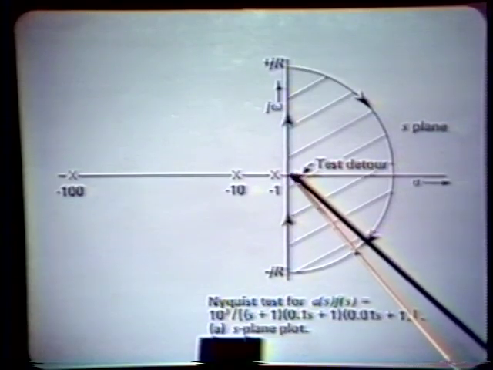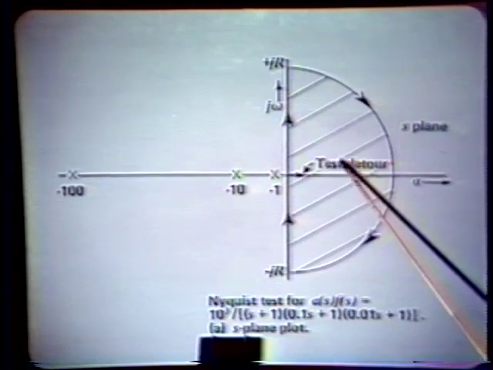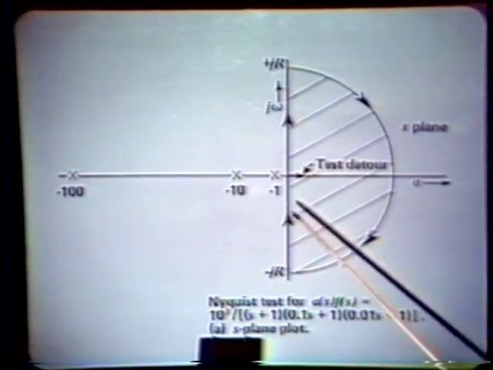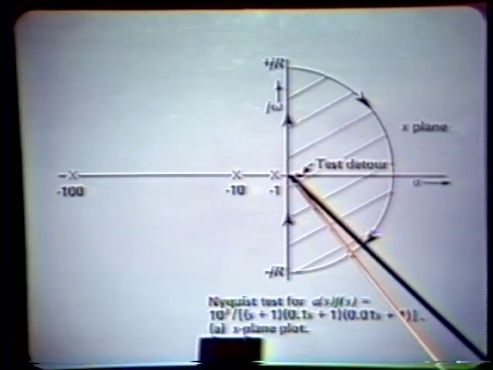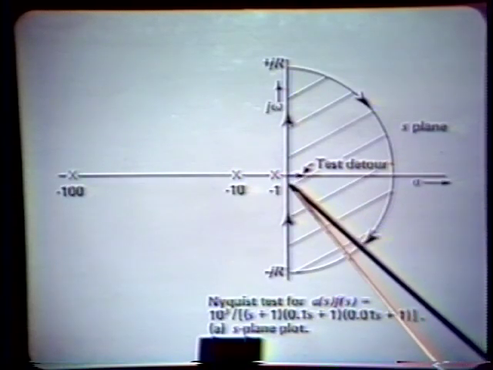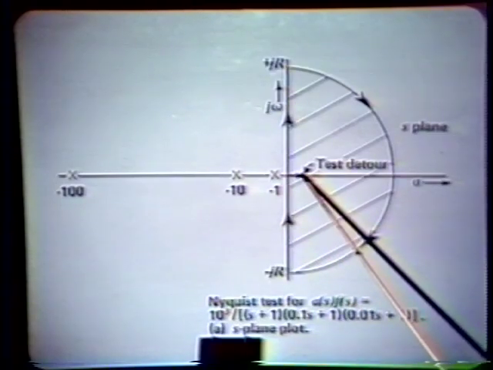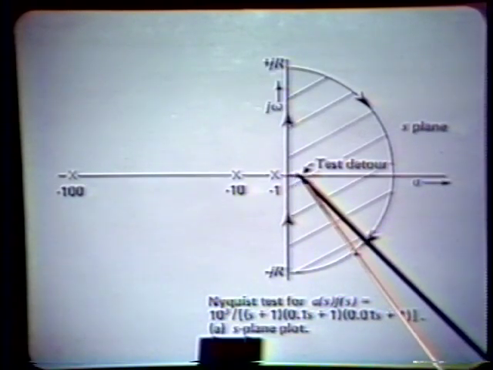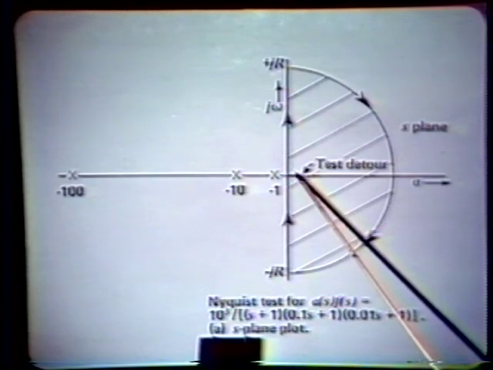But another way to see that, and one that I find physically more appealing, is to take a little test detour. Let's look at a specific point inside this contour in the right half of the s-plane. We can assume we're at this point and then move in this direction a small amount. When we do that, the magnitude must drop since the vectors from the poles all increase in length. The angle remains 0 degrees if we walk along the positive real axis.